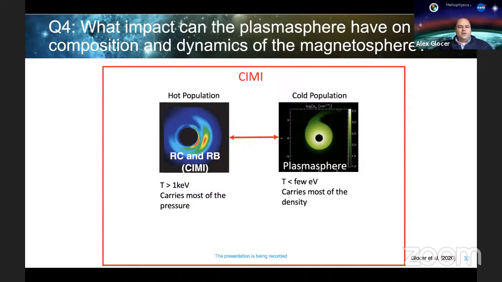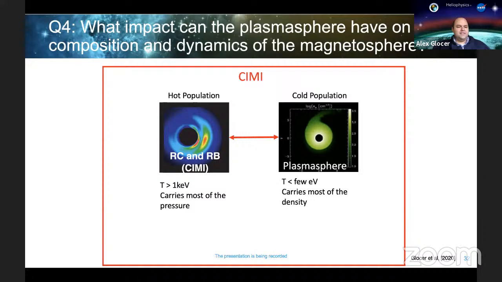The ring current is the very hot population, greater than 1 keV, carrying most of the pressure in the inner magnetosphere and very important for the force balance. On the other hand, the plasmasphere is very cold, less than a few eV, but it carries most of the density in the inner magnetosphere.